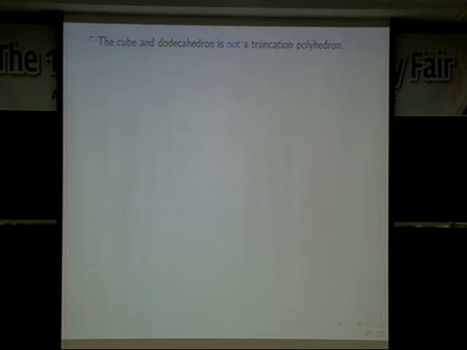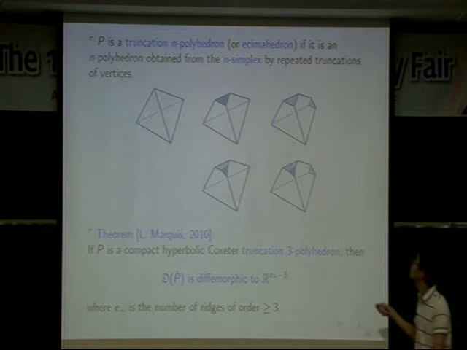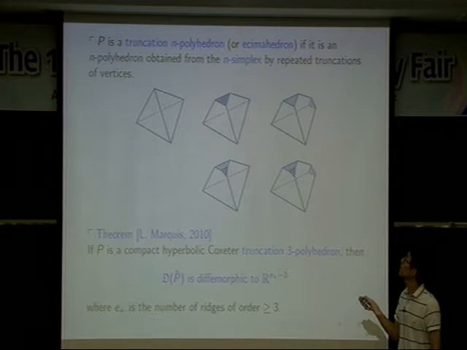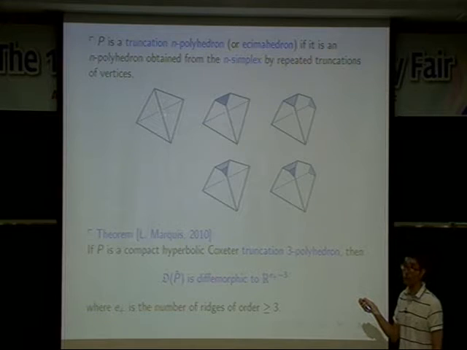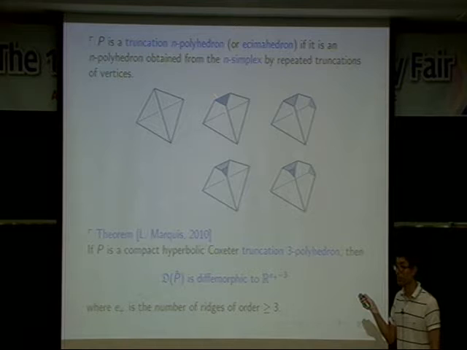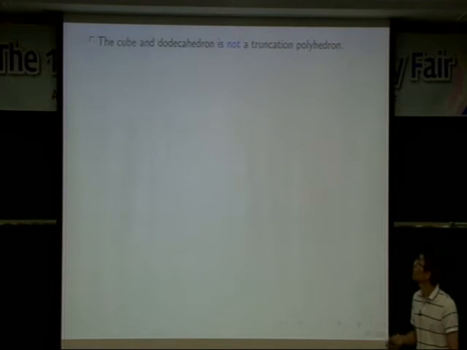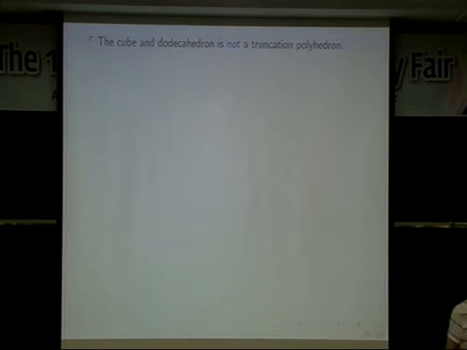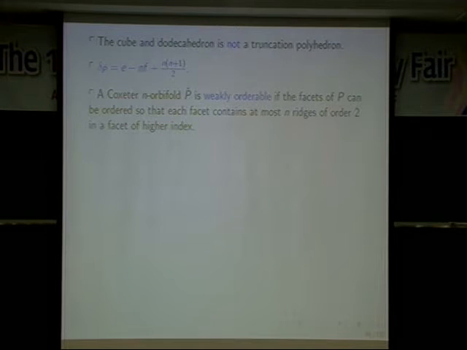Okay, but we can easily see that every truncation polyhedron has, in this case, a triangular face. So obviously the cube and the dodecahedron are not truncation polyhedra, but to explain the local deformation space, we give the following definition.